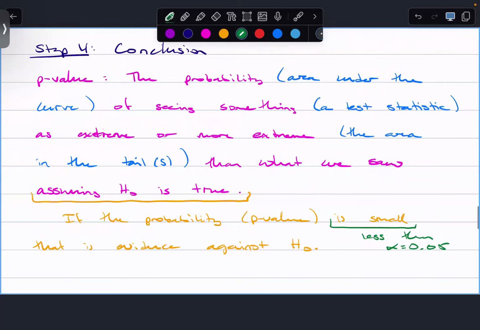I'll confess that in my first stats course, it wasn't until I was studying for the final exam that it clicked what the p-value actually was. So I think it's totally normal to feel that way.